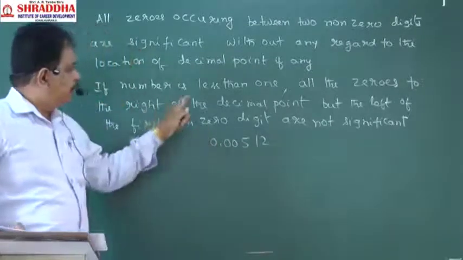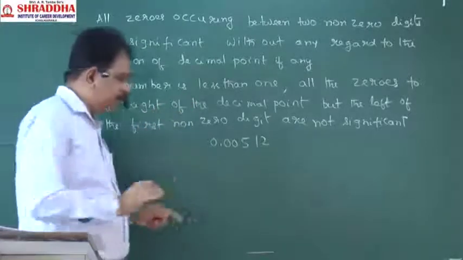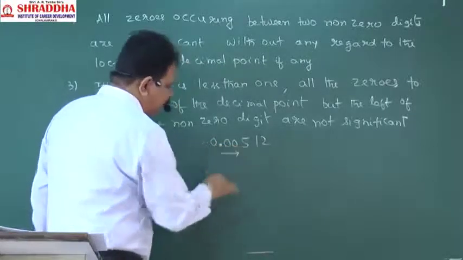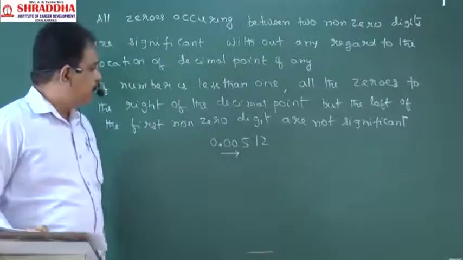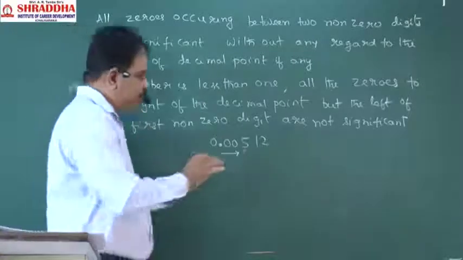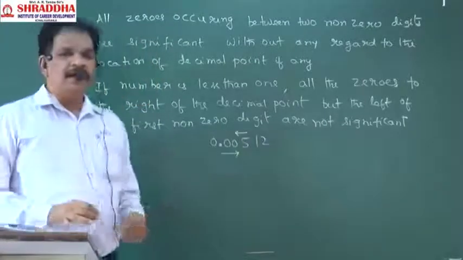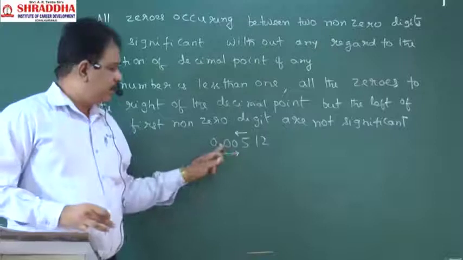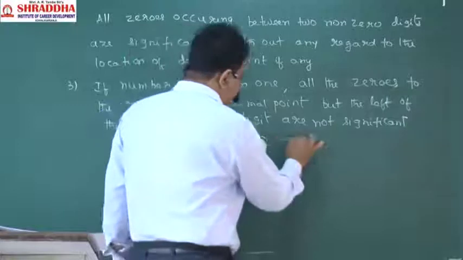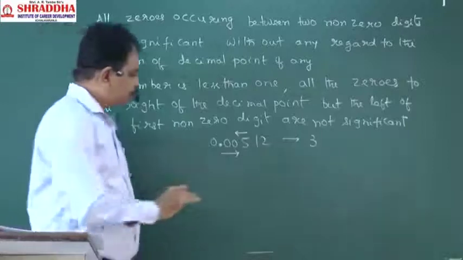If the number is less than 1, all the zeros to the right of the decimal point, this is the decimal point, these zeros are right of the decimal point but left of the first non-zero digit, are not significant. So these two zeros are not significant. So here how many significant figures are there? 3. Clear?